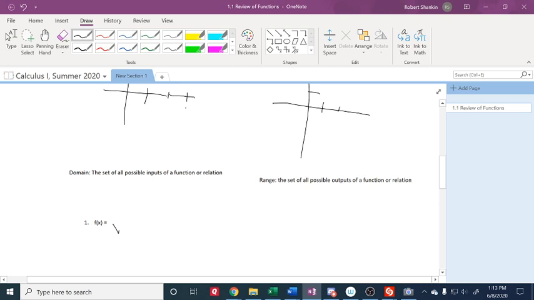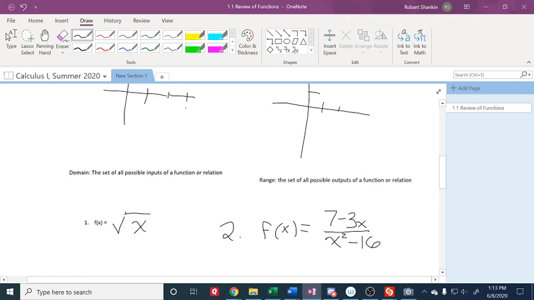And problem 2, f of x is equal to 7 minus 3x over x squared minus 16.